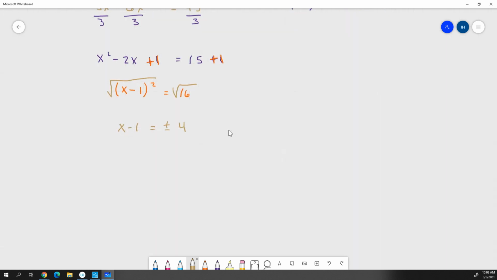And now we can solve our 2 problems. We have x minus 1 equals 4, and we have x minus 1 equals negative 4, right? Plus or minus. So we're just going to add 1 to both sides, and we get x equals 5. And we're going to add 1 to both sides, and we get x equals negative 3. 2 solutions, right?